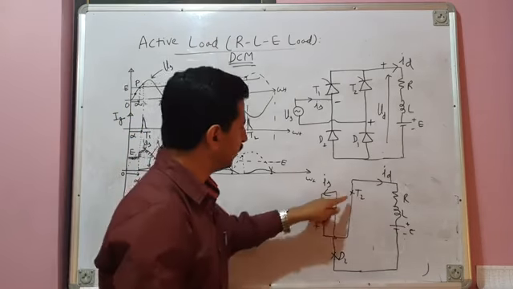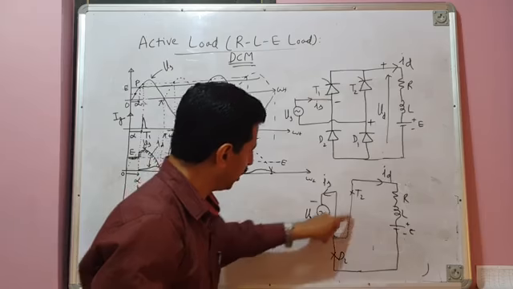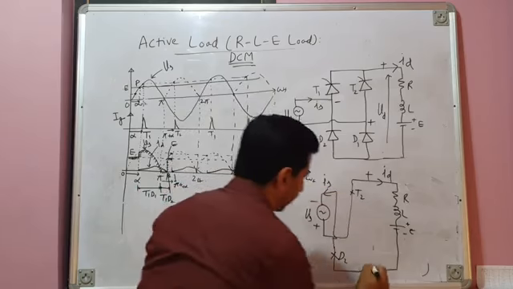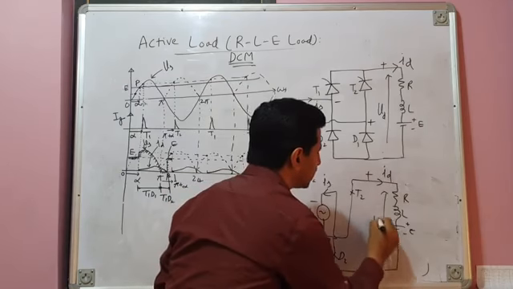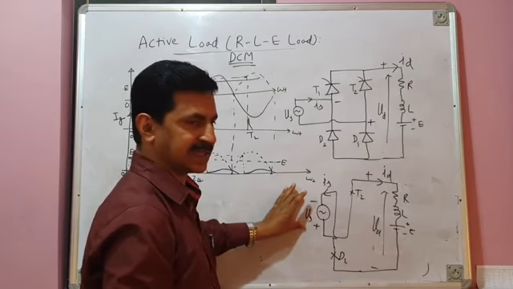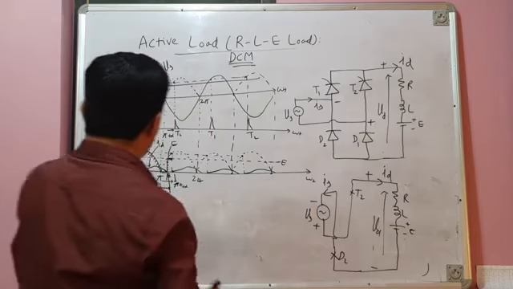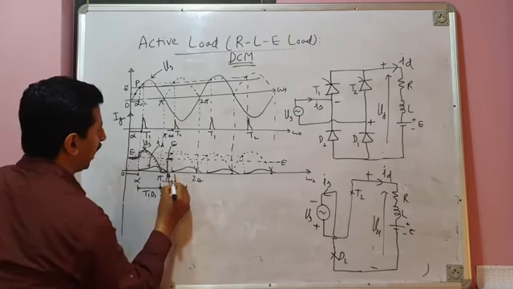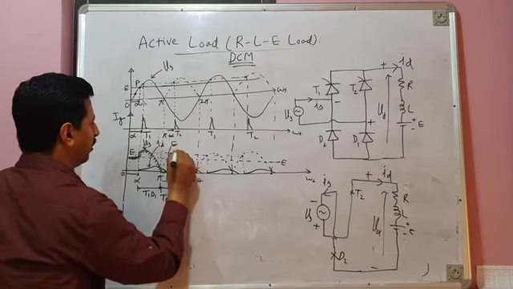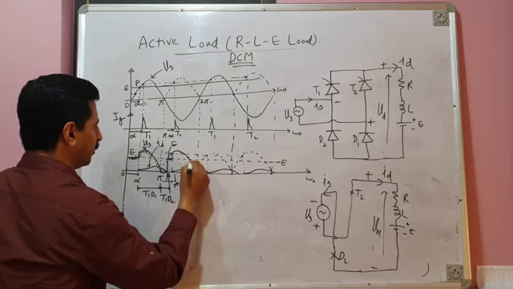Now you can see when T2 conducts, the positive terminal comes here, and when D2 conducts, this negative potential comes here. So your load voltage is still positive, plus minus, and it is equal to Vs. Okay, so your load voltage from pi plus alpha to 2 pi is equal to the segment of the negative half cycle of source voltage.